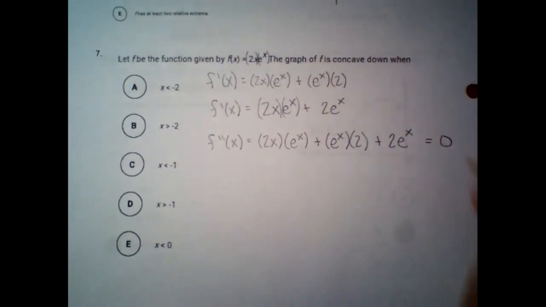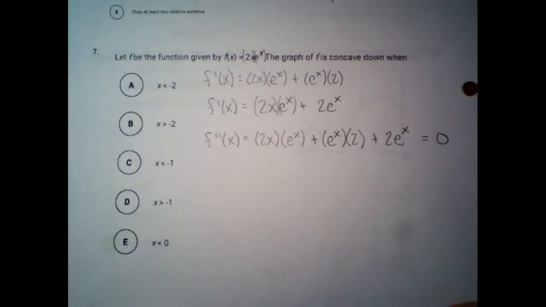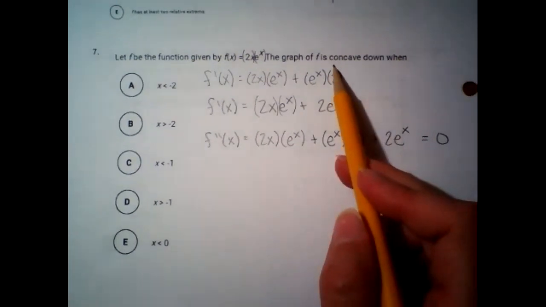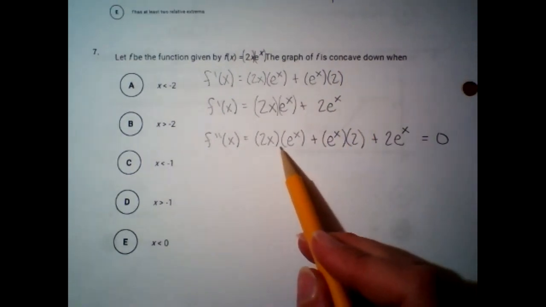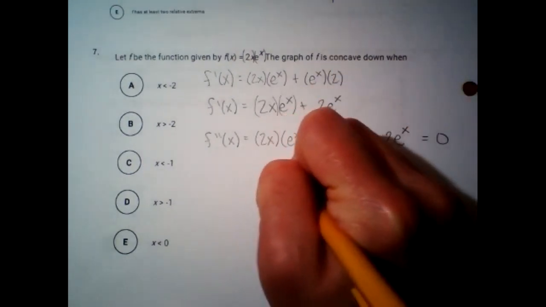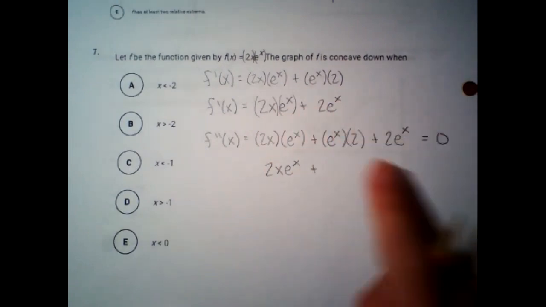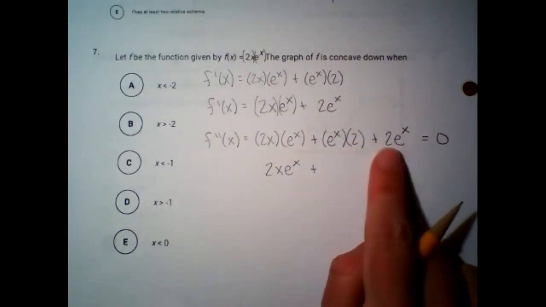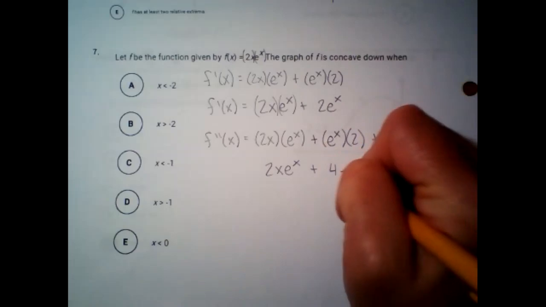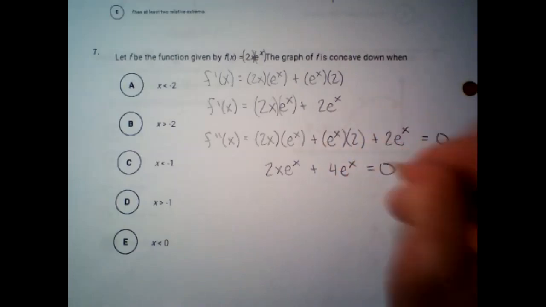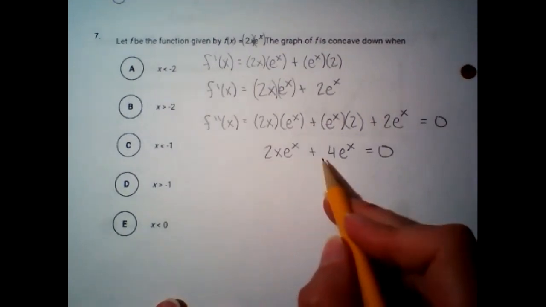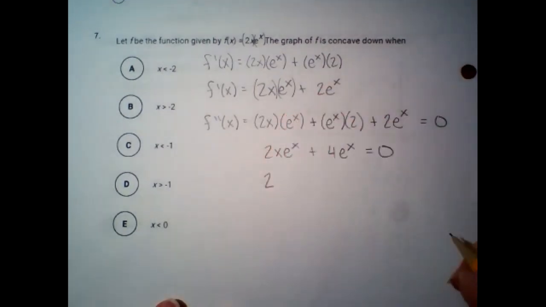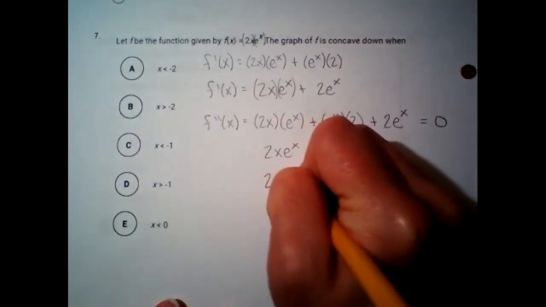We're going to want to set this equal to 0 to find inflection points, and I'm going to need to make a number line to see where I'm concave down. Just cleaning this up a bit though, this is 2x e to the x plus, we have 2e to the x and 2e to the x, so 4e to the x. And then factoring that, we can take out a 2, and we can also take out an e to the x.